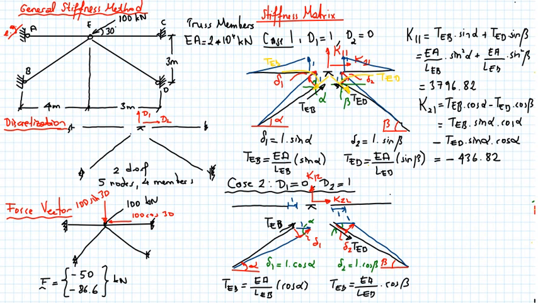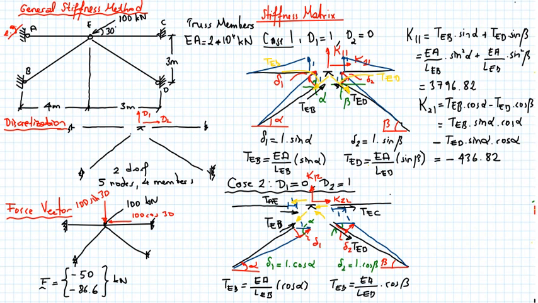Now here we see elongation, so that force is TAE, and here I see a shortening, that force is TEC. So transfer all these forces to the nodes. I have a force like that in this direction, force in this direction, another force in this direction, and the fourth force coming in this direction.